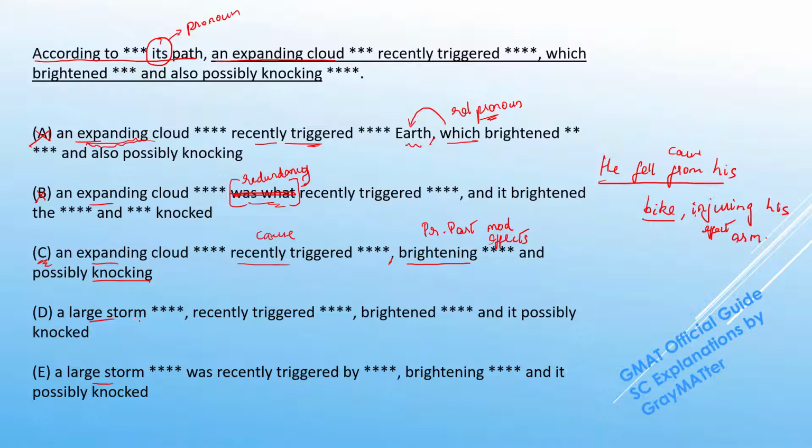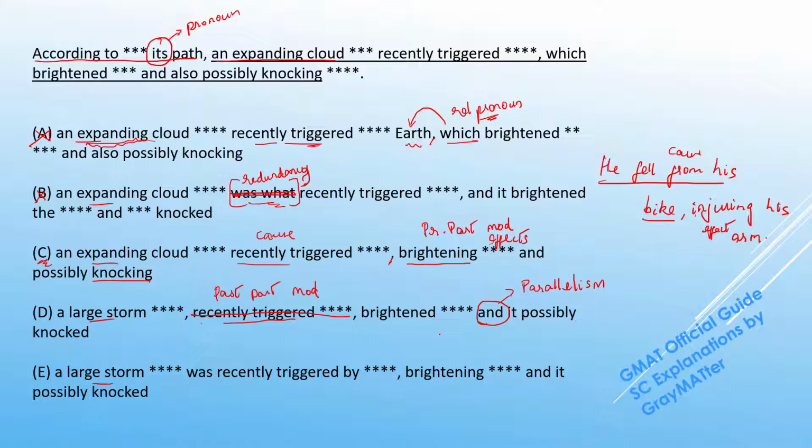Now in D, we have a large storm followed by a comma and this "recently triggered." So please don't mistake this to be the verb for large storm, because we have a comma in front of it. This would make it a modifier, the past participle modifier form. So here we can see that this modifier is placed in the middle of commas, so this can be read around, and we have the clause that a large storm brightened the northern lights. But what could be a good trigger here is this conjunction "and," which obviously is a trigger for parallelism.